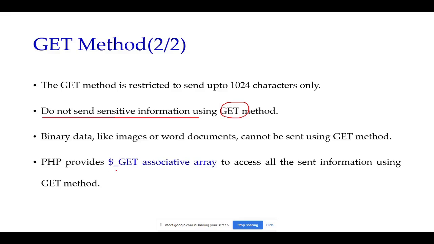This is the syntax part of it. If you still prefer get method for non-sensitive data, then you can go for the $_GET associative array. $_GET is the array name, and in order to access individual data, it should be followed by square brackets within which you will write the key, and that key will be the one mentioned against the name attribute in the HTML code. So this is about get method.